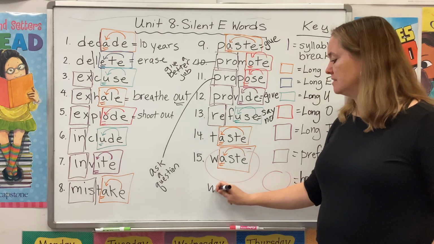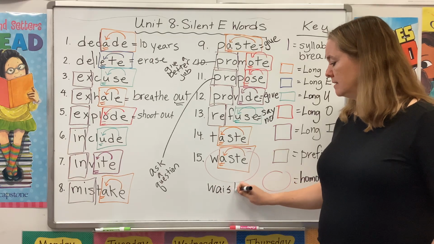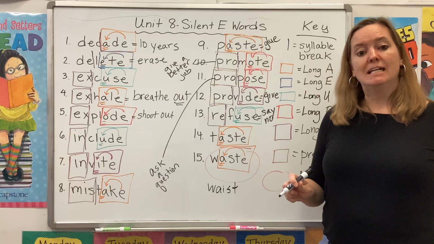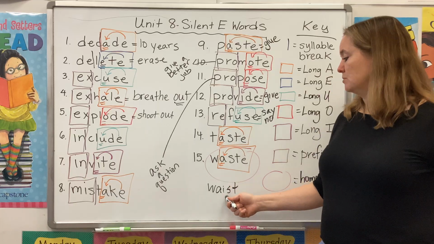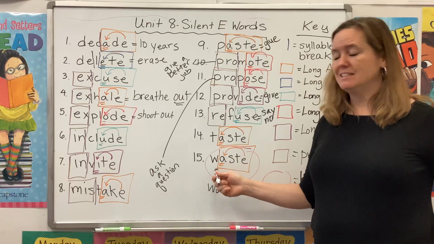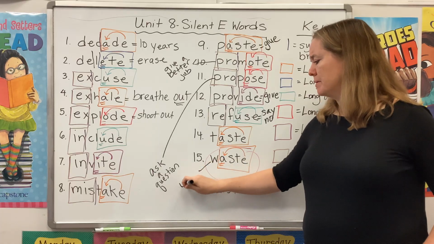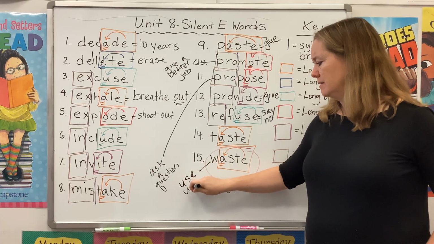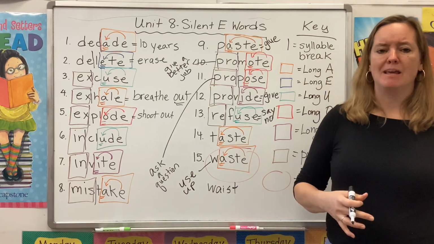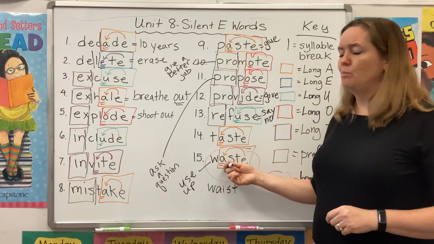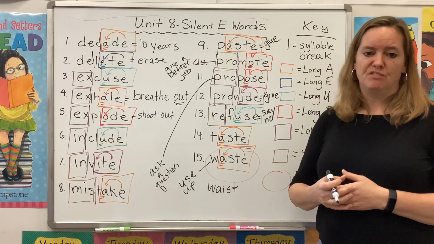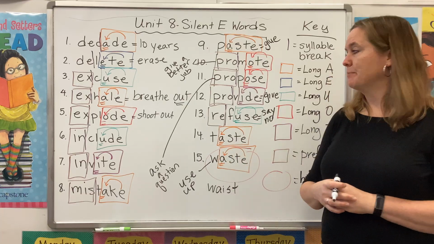So this kind of waist is the part of your body that you wear a belt around, okay? That would be this waist. This waste means to use up, right? Like don't waste paper, don't waste water, don't use it up, right? So when you waste something, you're not careful with it, okay?